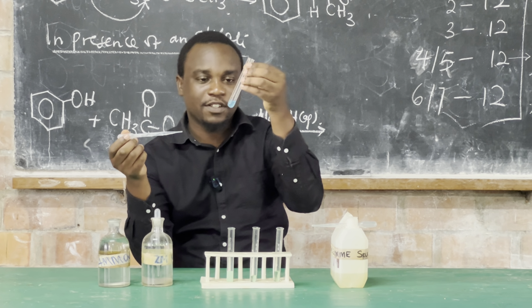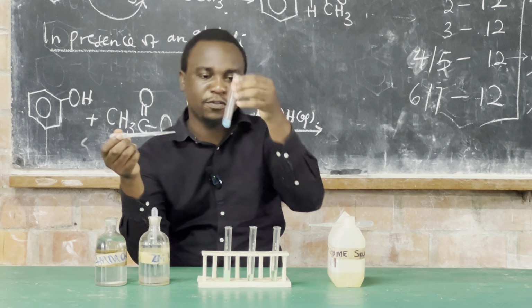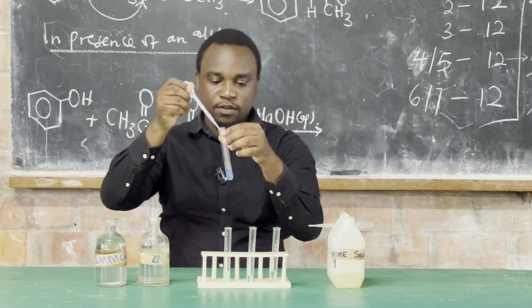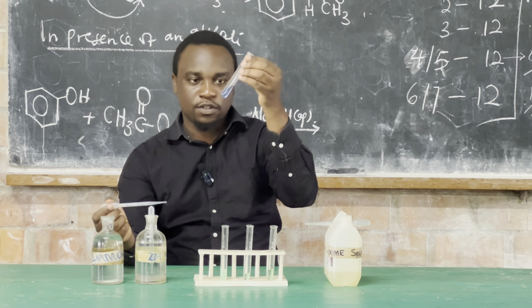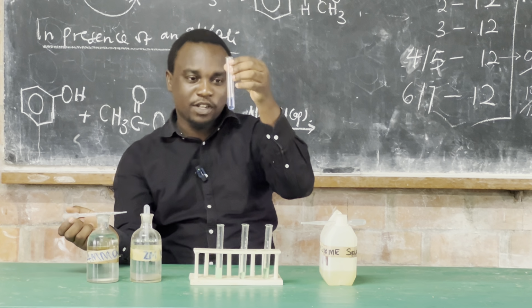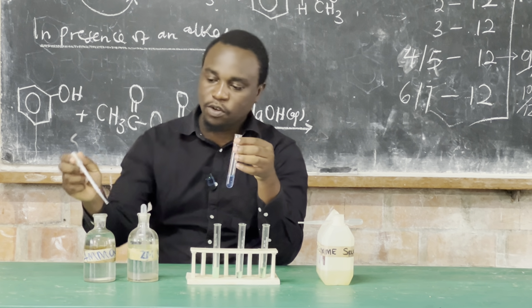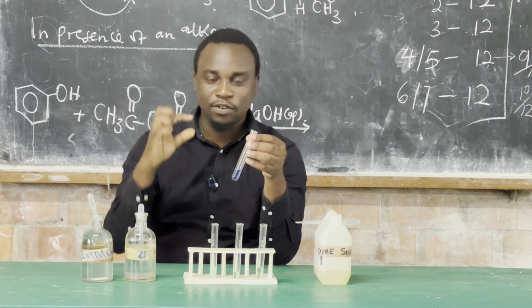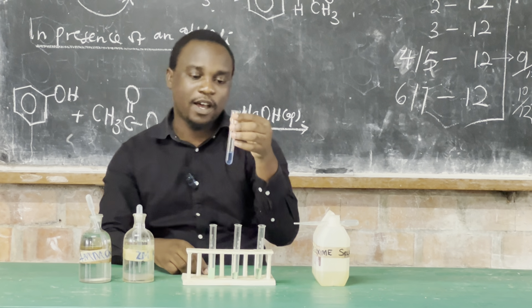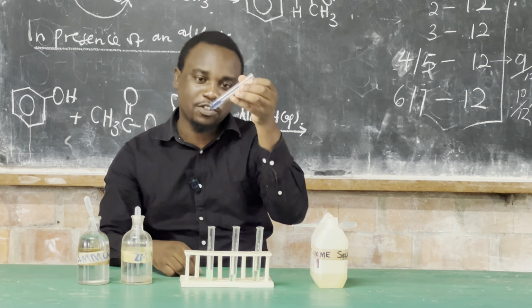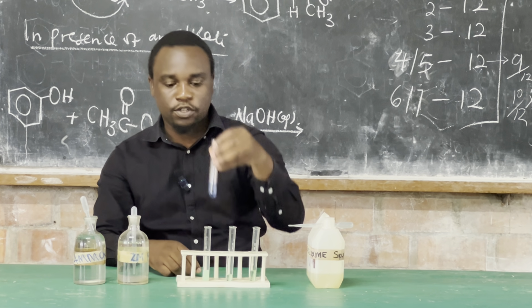In excess, we can see that the precipitate is dissolving to form a deep blue solution. So when we add ammonia solution to nickel 2 ions, we observe a green precipitate initially on addition of a few drops, and when we add excess drops, this precipitate dissolves to form a blue solution.